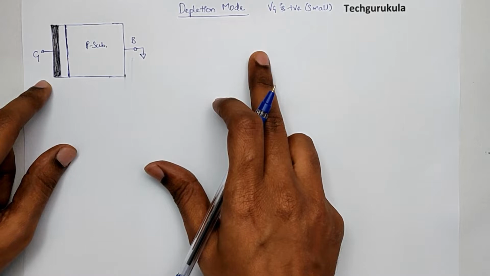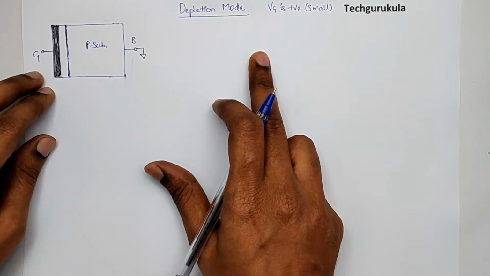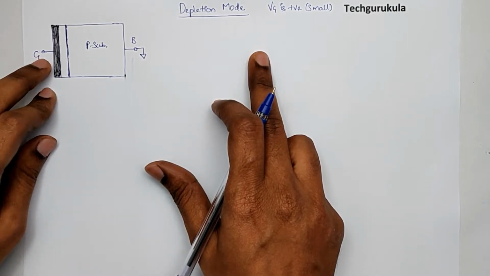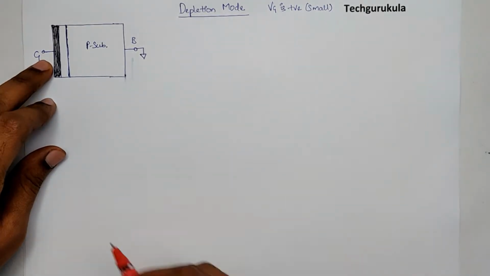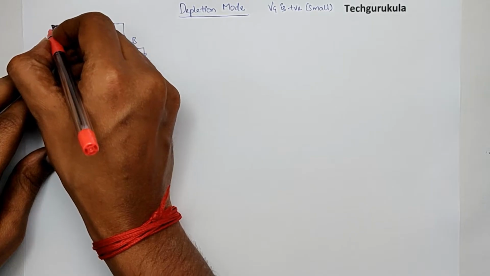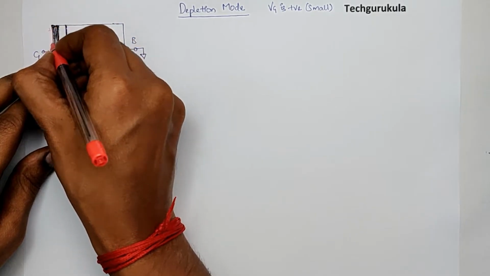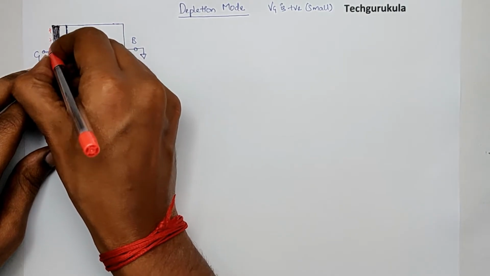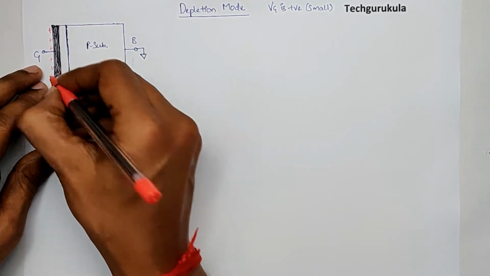Taking that into consideration, now when we apply a small positive potential to the gate, we get some positive charges coming onto the metal. So let me symbolically put it here: some positive charges onto the gate.